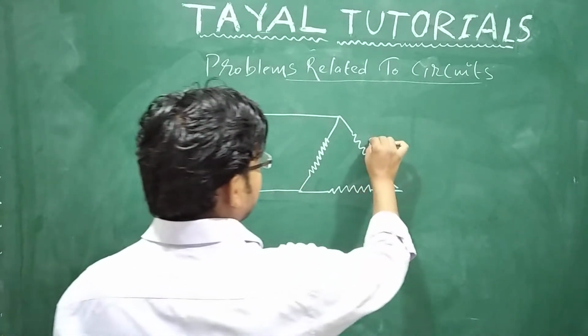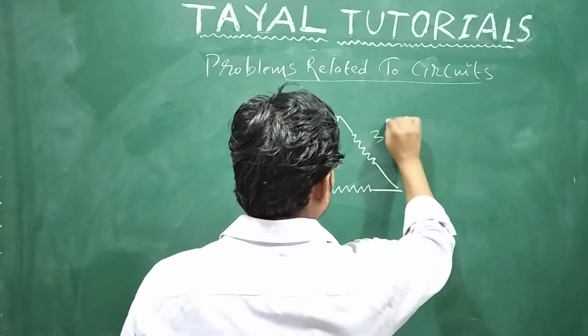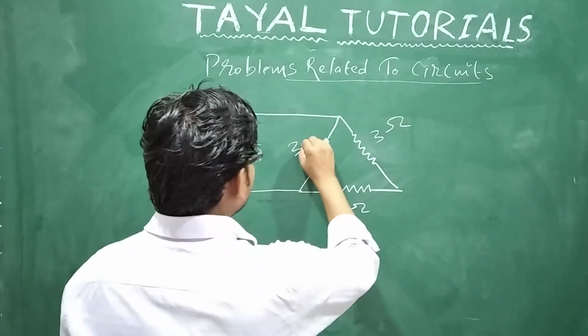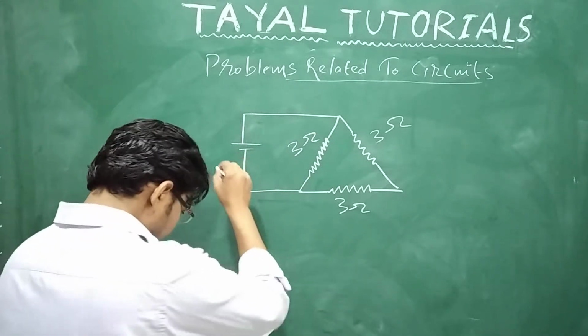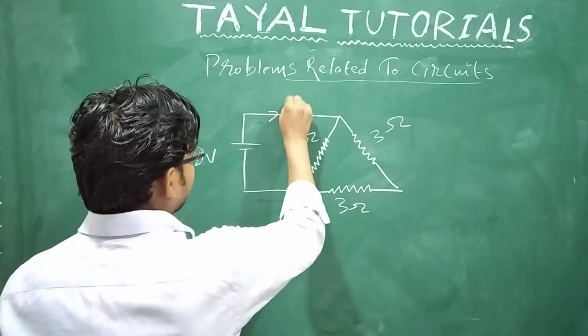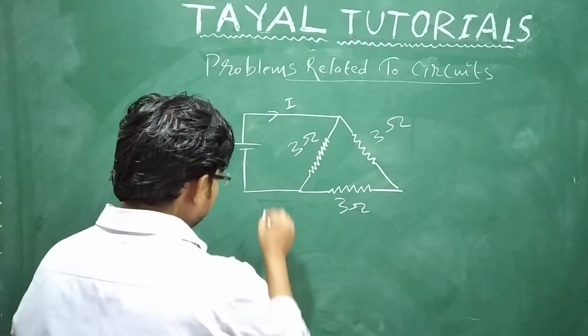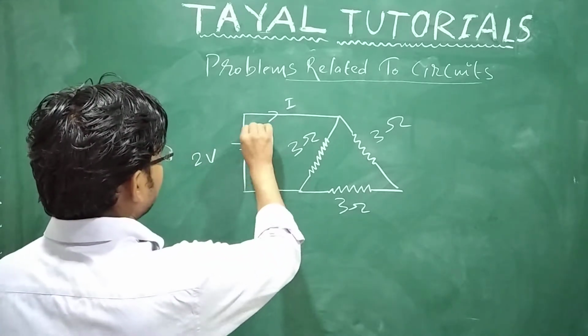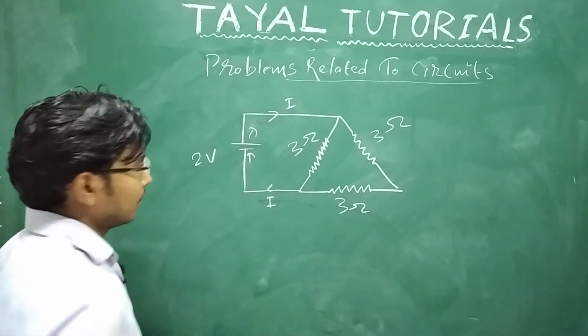The value of this resistance is 3 ohm, this value is 3 ohm, this value is 3 ohm, this is a 2 volt source, and this is the current. This current is going from the plus terminal and entering the negative terminal.